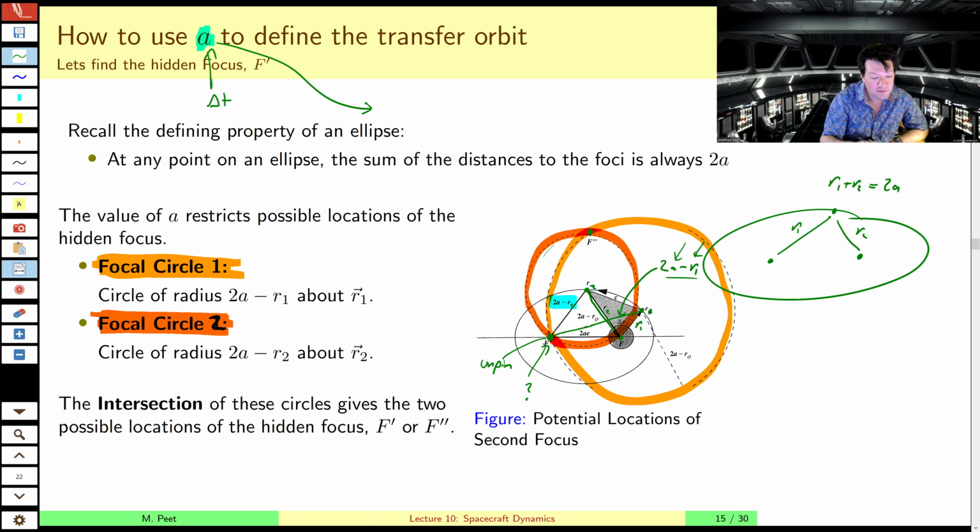So we know that the hidden focus, given a particular value of a, must lie at either this point or this point. This gives us only 2 possible focal locations, and both of those are a valid transfer orbit for a given value of a. So we can use delta t to determine a, and now we note that there are 2 focal locations which are valid for that particular value of a.